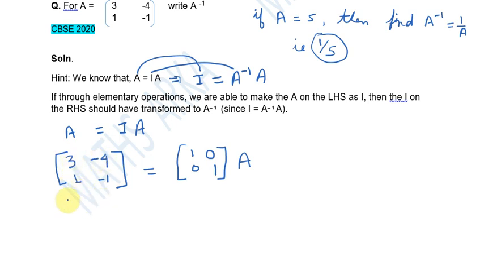Let me write it down. In C1, what we are doing is C1 plus C2. In this column 1, we are adding these two.